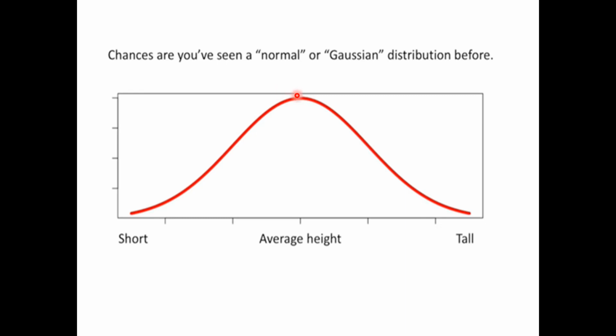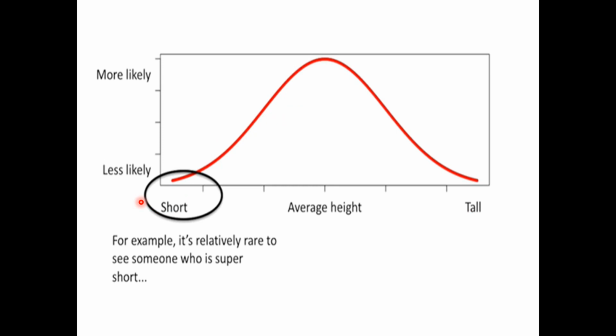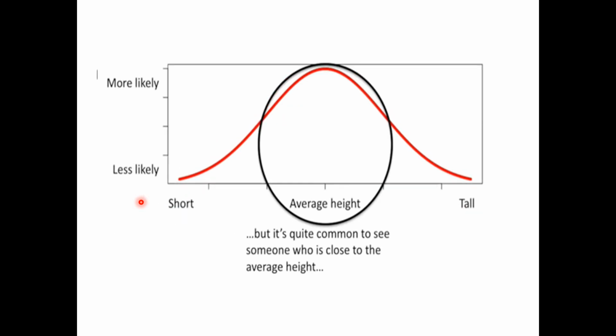Now let's just look at it for a minute. You can have people who are short, but most of the time you will have people who are of average height. Once again, let me put it this way: the probability is about chances.